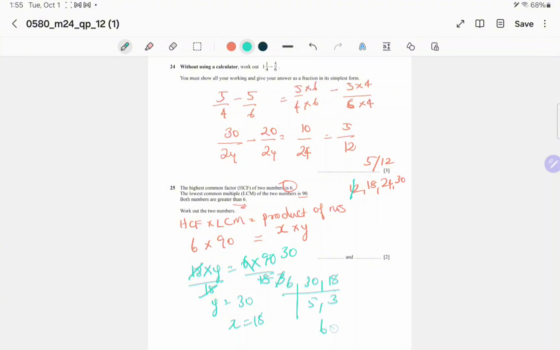So 6 into 5 into 3 is equal to 90. Your answer is right. Therefore x is equal to 18 and y is 30. This is the answer for the last question.